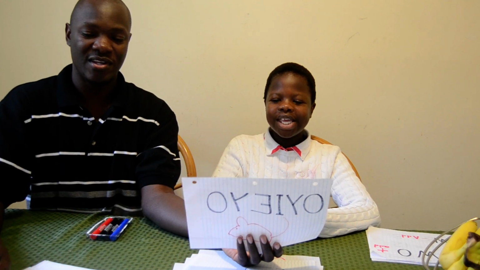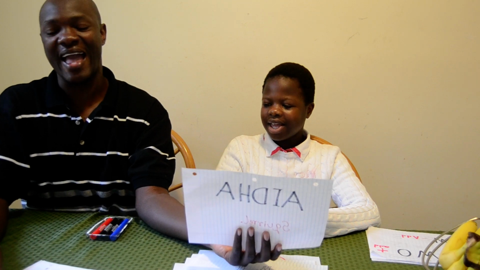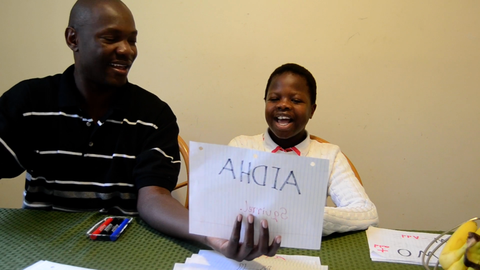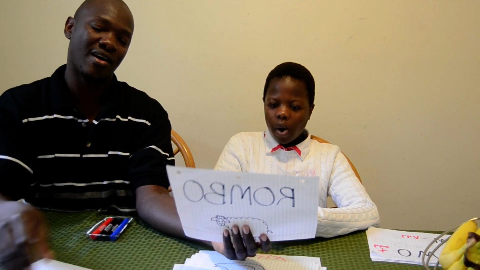So you must say apuoyo. Oyeyo. Otoyo. Aida. Atudo. Rombo.